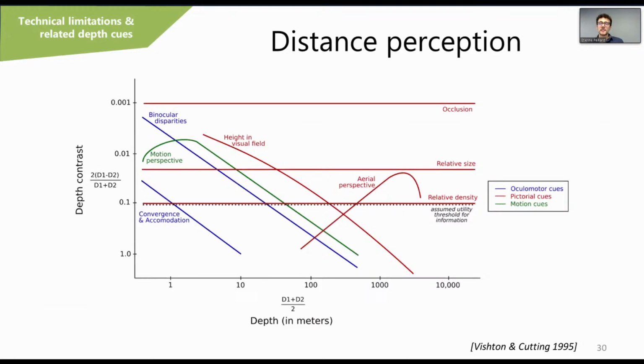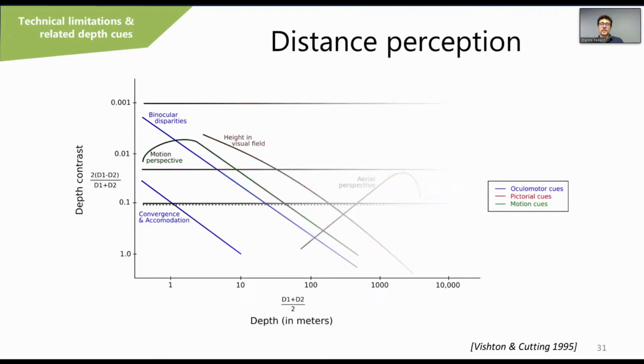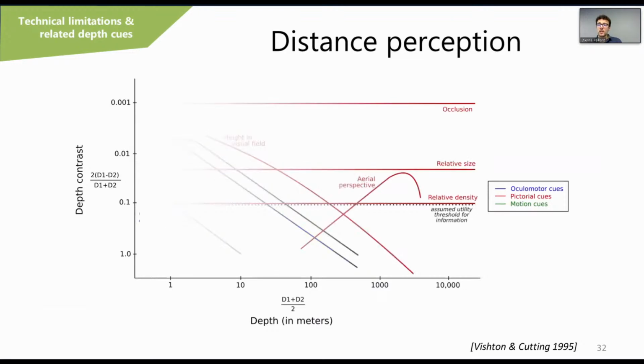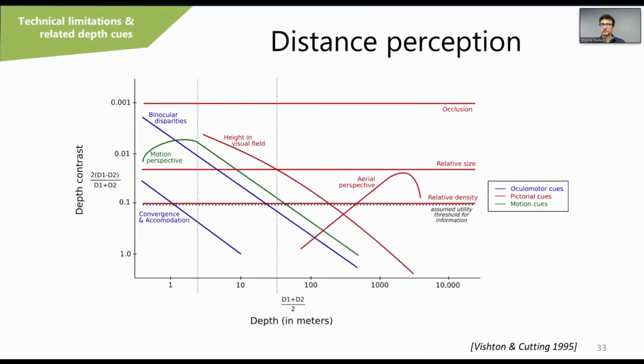Moreover, the weight, the importance of these depth cues will vary with distance. At close range, the most important cues will be the oculomotor cues, while at longer distances, the strongest cues are the pictorial cues. The evolution of these cues' strengths will define 3 spaces according to the distance between the observer and the object: the personal space, the action space, and the vista space.